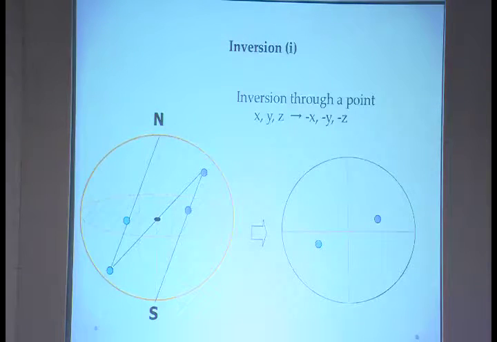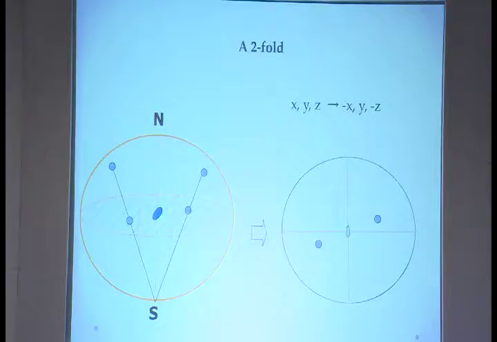And as I mentioned before, some of these symmetry operations can be equivalent to each other. So just if we take an inversion. On the other hand, if we take a 2-fold, and we say that this is 2-fold parallel to y, then a 2-fold operation would generate an equivalent molecule at minus x, y, and minus z.